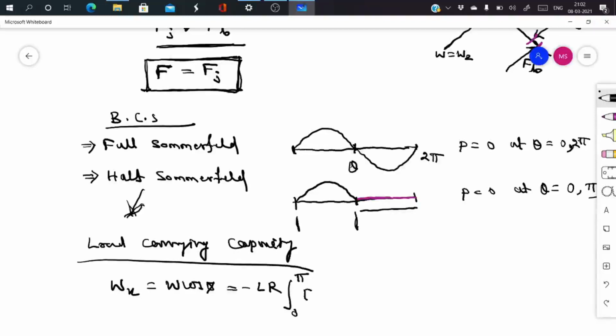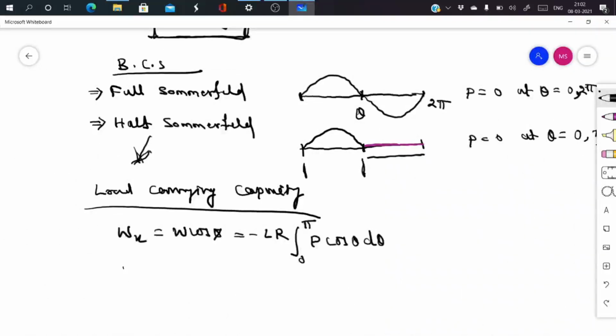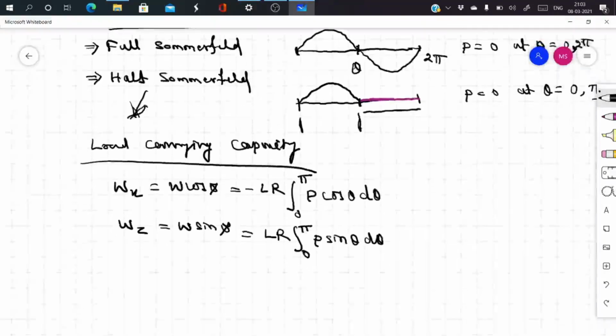So we are not interested beyond pi. So cos theta d theta. So similarly Wz, W sin phi, LR, 0 to not 2 pi, 0 to pi, P sin theta d theta. So integrate these two. Now you will not get Wx as 0.